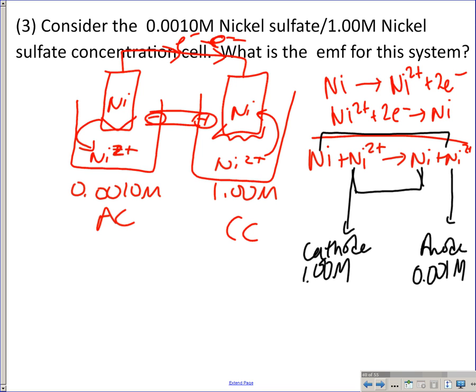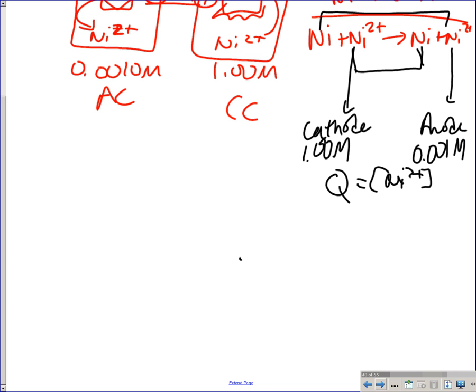That will go in the products. Okay, question? Because when I write out the Q for this, Q is equal to nickel 2 over nickel 2, and I need to know which nickel 2 is which.